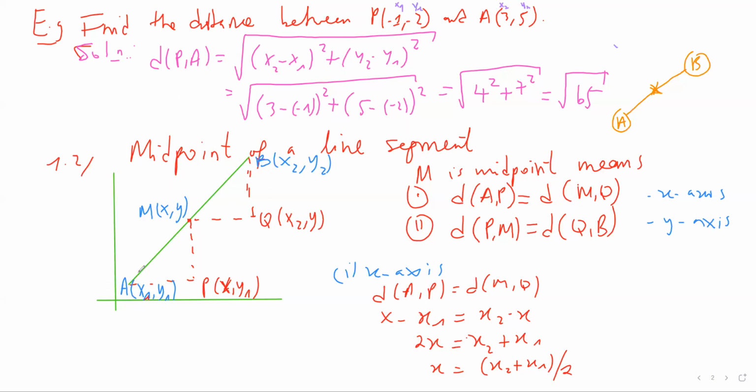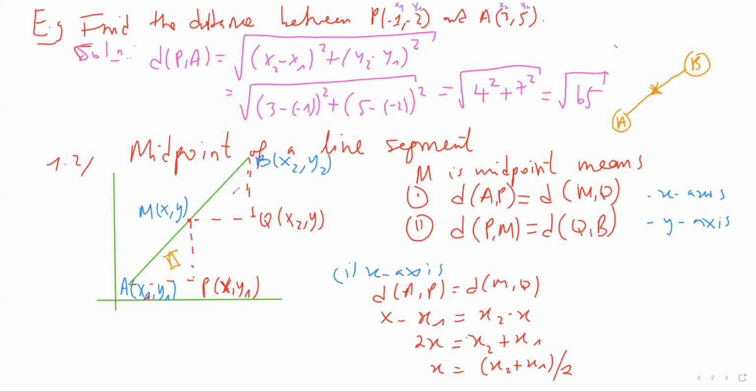So if you again have 2 points, A, which is (x1, y1), and B, which is (x2, y2), then the midpoint, if you put a point M and label it (x, y), we can create some triangles here.